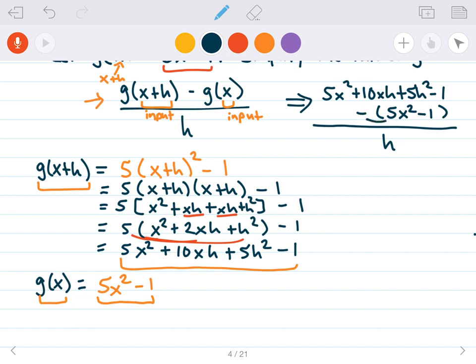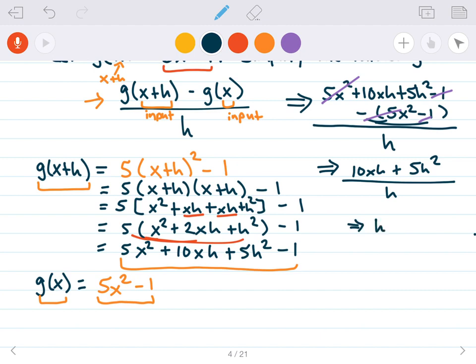Now, this minus distributes to both of these guys, and what's going to happen is these 5x squareds are going to cancel, and this negative times negative 1 becomes a positive 1, so these 1's are going to cancel as well. And what we get is 10xh plus 5h squared, all divided by h. The last thing we can do is on top, we can factor out an h.